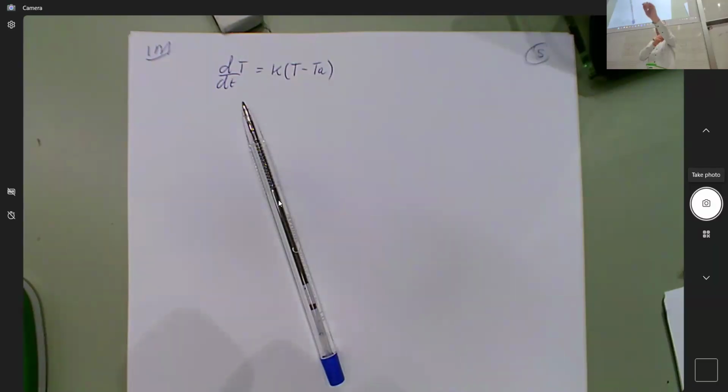So for us to work out what we do, we need to read the information from the question. No, we don't want to do Fahrenheit. We'd like a nice question.